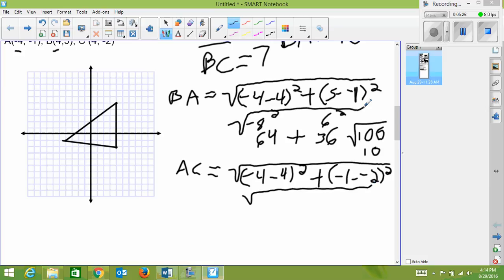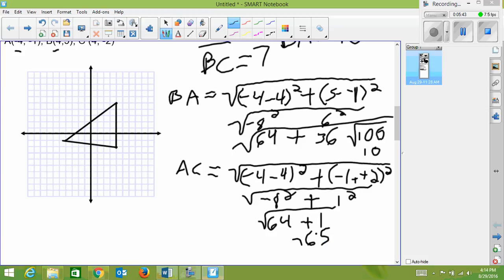I'm just trying to save time. -4 minus 4 is -8, and I need to square it. -1 plus a plus 2 would be 1 squared. So here I have 64 plus 1, so square root of 65. And I'm going to round it to the tenth. So side AC equals 8.1 approximately.